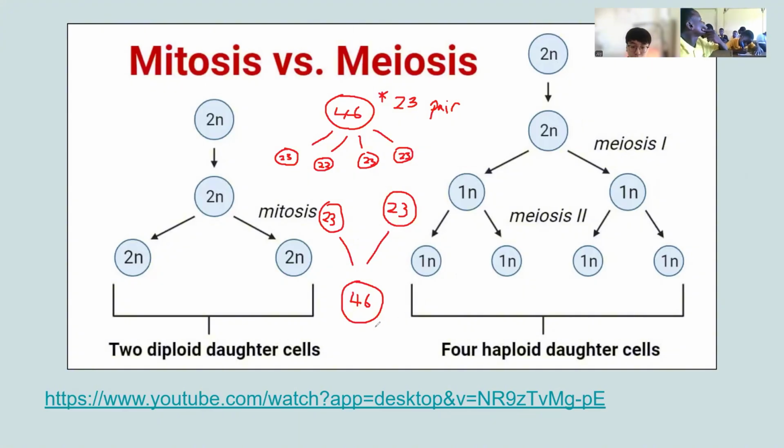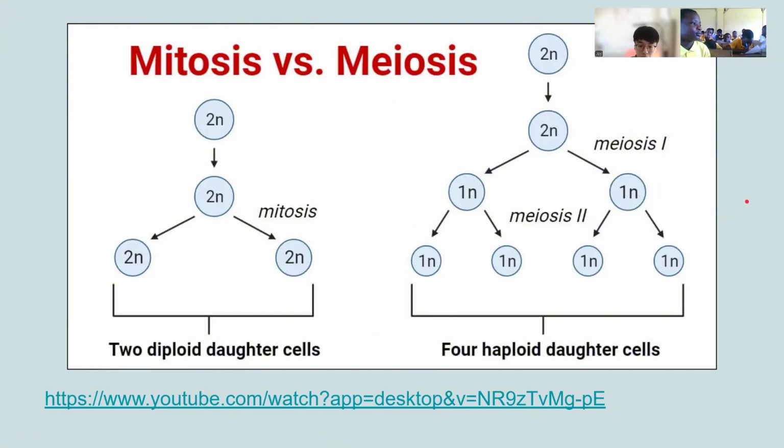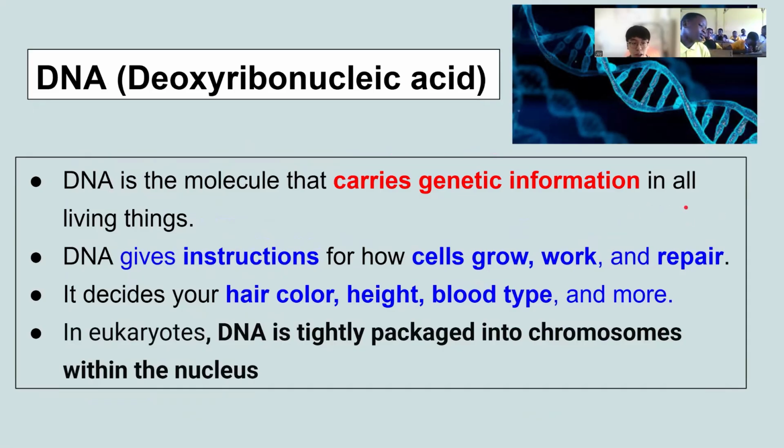And this divides and divides by mitosis. Remember, mitosis gives 46 each. And that's how humans are formed. So that's why every cell in the human body has 46 chromosomes. So let's move on now. I hope that made sense for everyone.